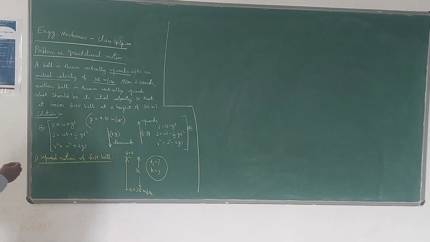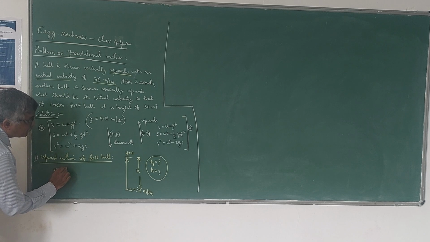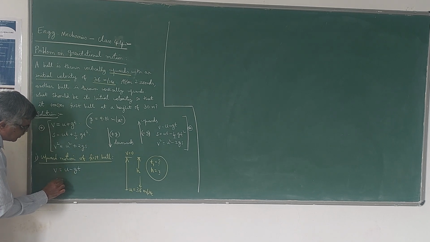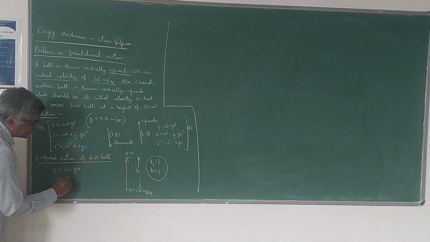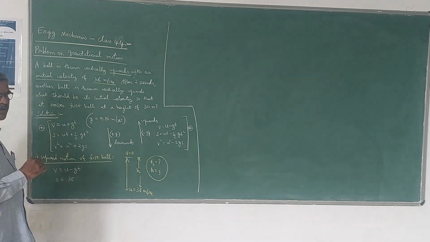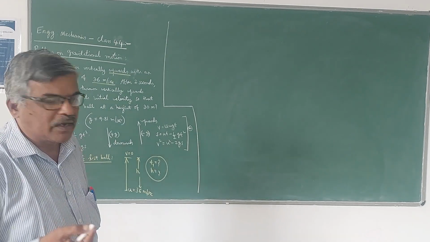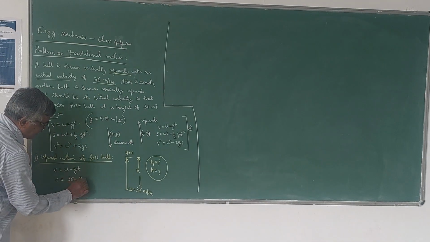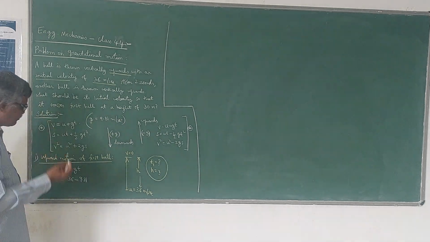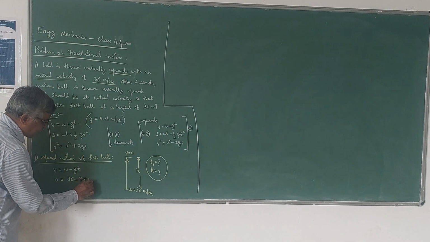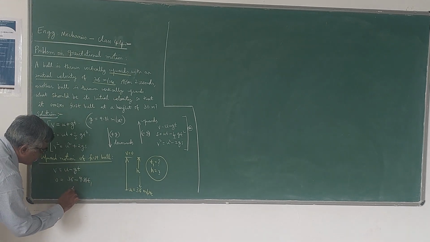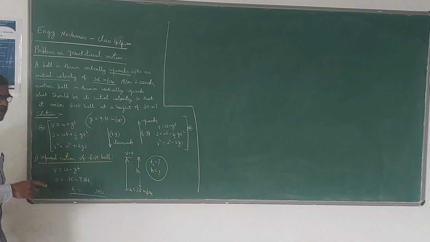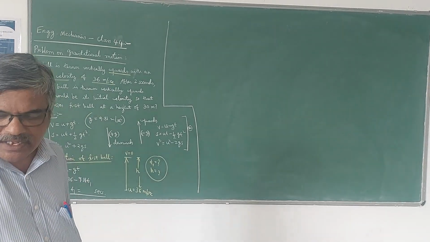So v is equal to u minus gt, where v is 0 and u is 36 meters per second. Suppose if they give you kilometers per hour, better you convert to meters per second. Minus g is 9.81, where minus stands for the body moving upwards, and t becomes t1 here. From this you can get the value of t1 in seconds, which is the time taken by the first ball to reach the maximum height.